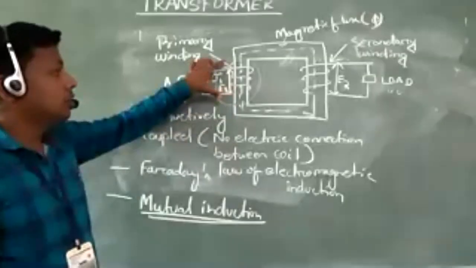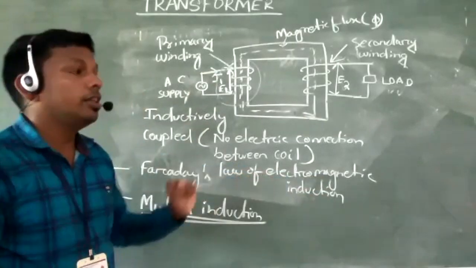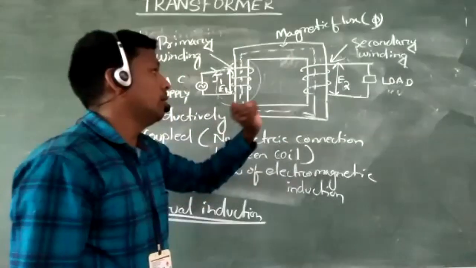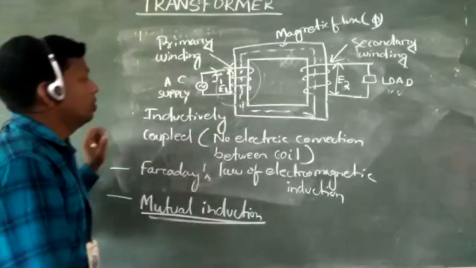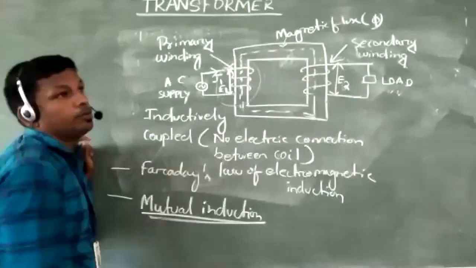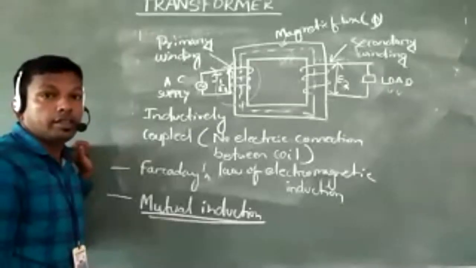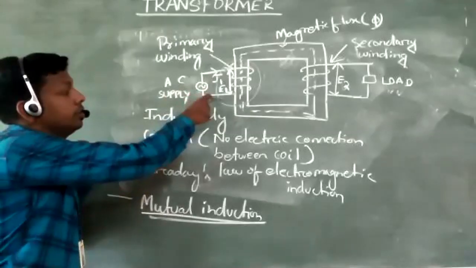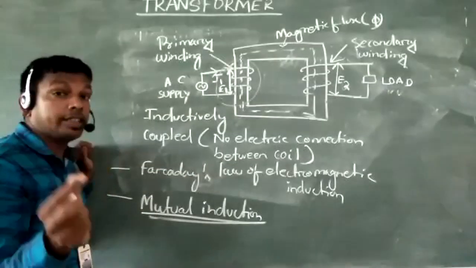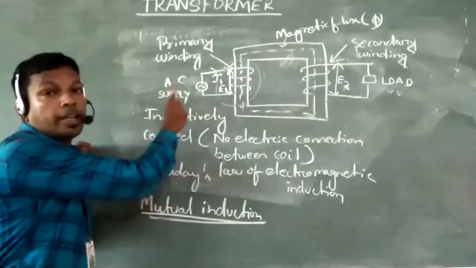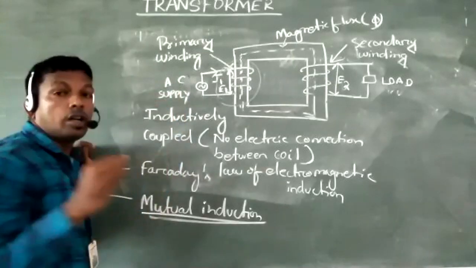So this E1 is set up by Faraday's law of electromagnetic induction, and this E2 is the EMF set up by mutual induction. If we provide a DC supply, the value of flux set up remains constant. But the flux linking to the circuit changes when an AC supply is available. As you know, AC means alternating in nature.